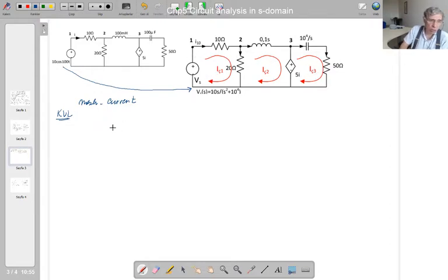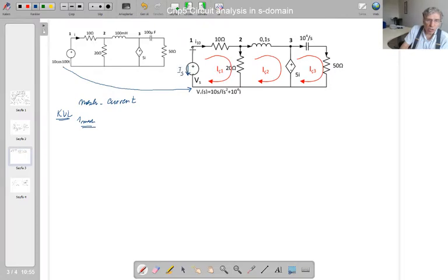The first mesh is this one, isn't it? According to passive sign convention, this independent voltage source current is downwards. So this is IS.